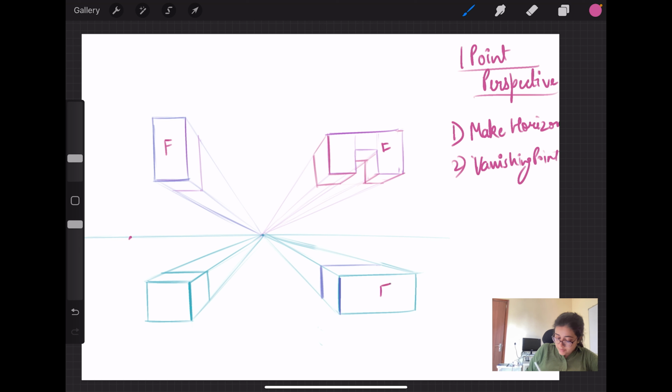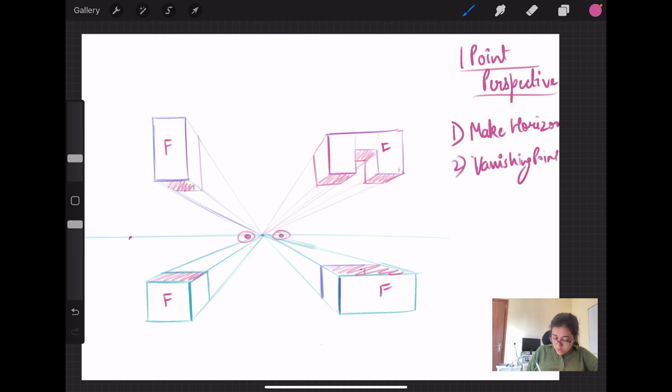Now notice one thing, you can see all the front sides, right? Suppose here are your eyes, and if something is above your eye level, you can see the bottom side of that shape. And if something is below the horizon, like below your eye level, you can see the top part of it.